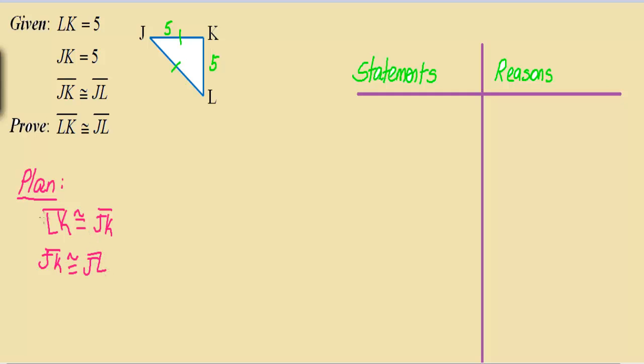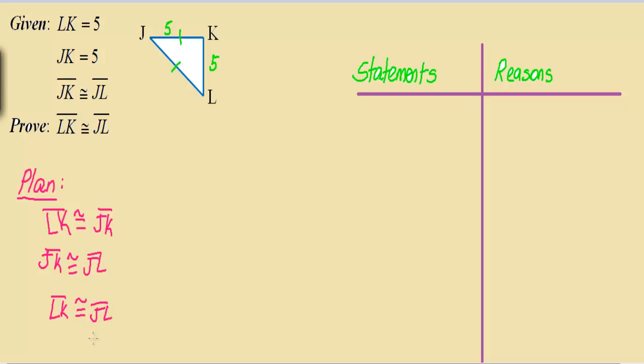And I see right away that there's a chain here. If segment LK is congruent to segment JK, and segment JK is congruent to segment JL, what pops into my head right away is the transitive property of congruence. I can conclude that segment LK is congruent to segment JL.